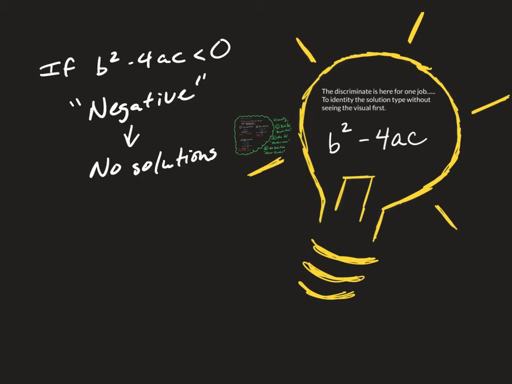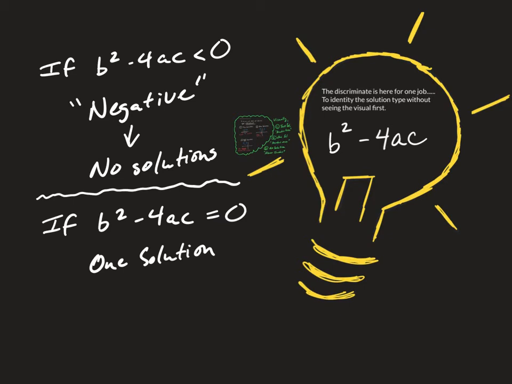If your discriminant is negative, that means you will have no solutions. So that's what we mean when we say b squared minus 4ac is less than 0. We are basically saying if your discriminant is negative, you will have no solutions. If your discriminant is equal to 0, that means you will have one solution.